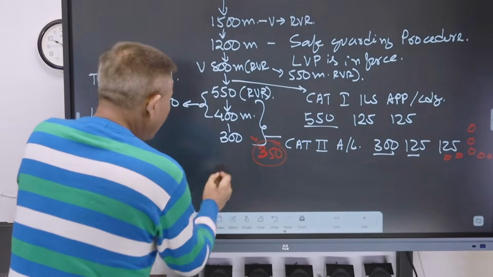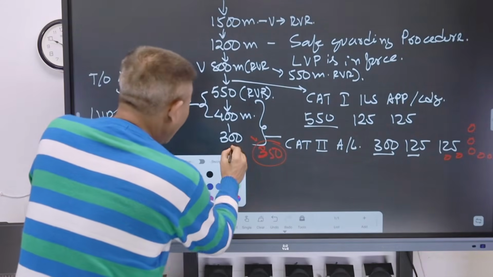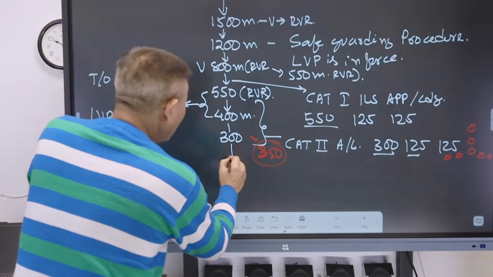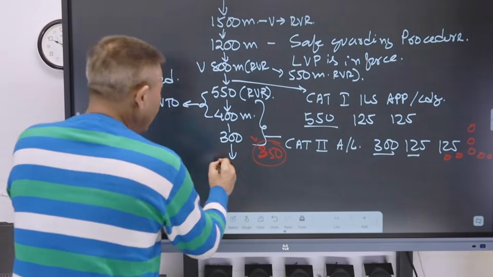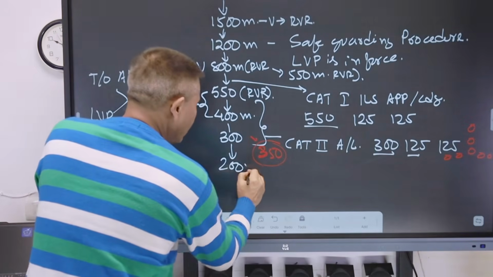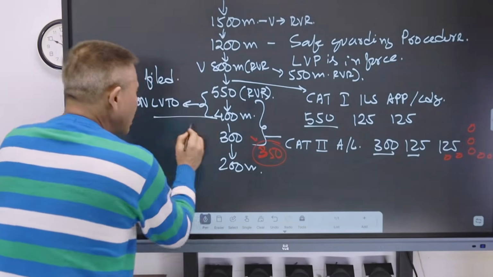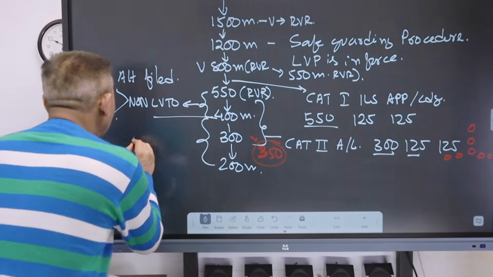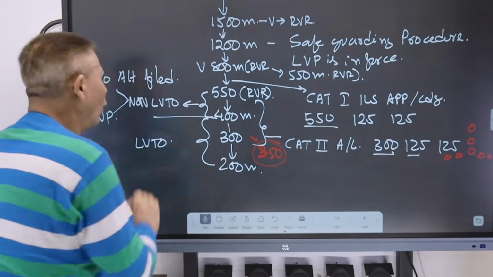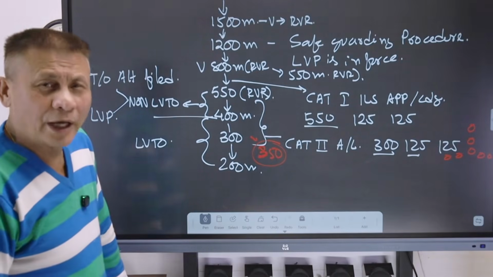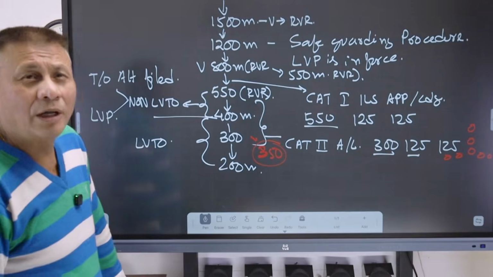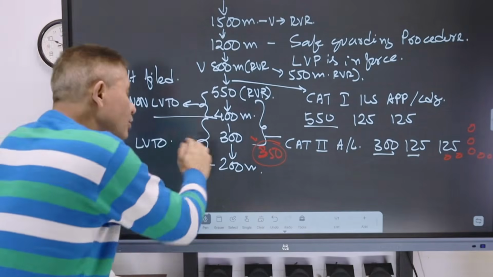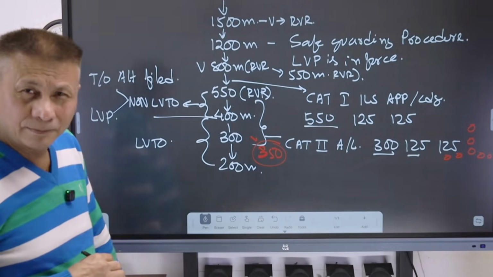So now, right down from 300 to the next, it will be 200 meters. Then on this side, I can carry out a LVTO, low visibility takeoff. In order to carry out a low visibility takeoff, only the touchdown zone RVR is required till the time you reach 300 meters of RVR.